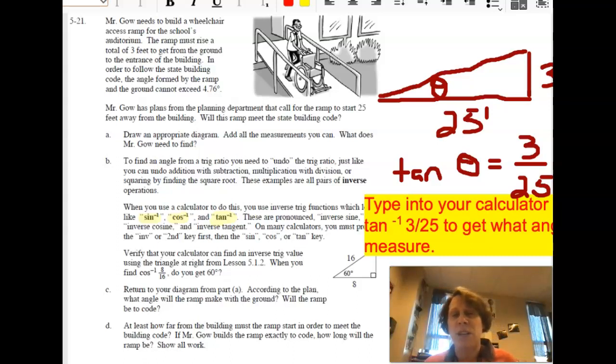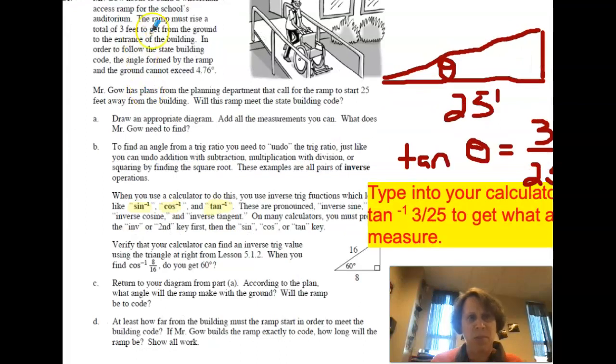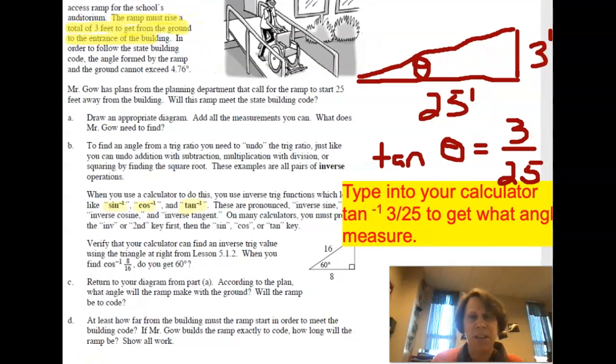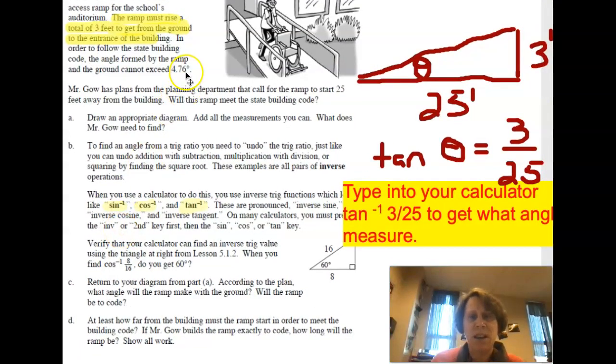If you recall from yesterday, we took the information from this problem that the ramp must rise a total of 3 feet from the ground to the entrance of the building, hence the 3 feet on our triangle, and the ramp cannot exceed 4.76 degrees.